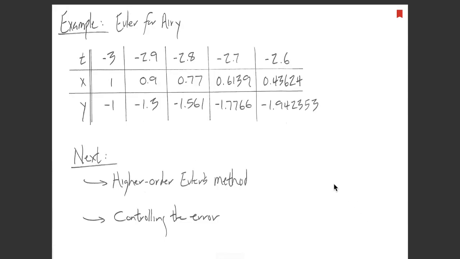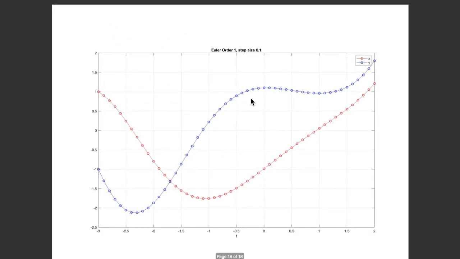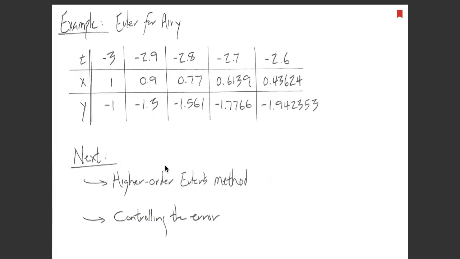I would point out that there's going to be error in those solutions because we're using Taylor polynomials, which are only approximate. And so the next step in this process would be to look at higher order Taylor polynomials to make Euler's method more accurate. And then the idea of controlling the error by keeping track of an estimated error at each step and computing the step size to keep that error under control.